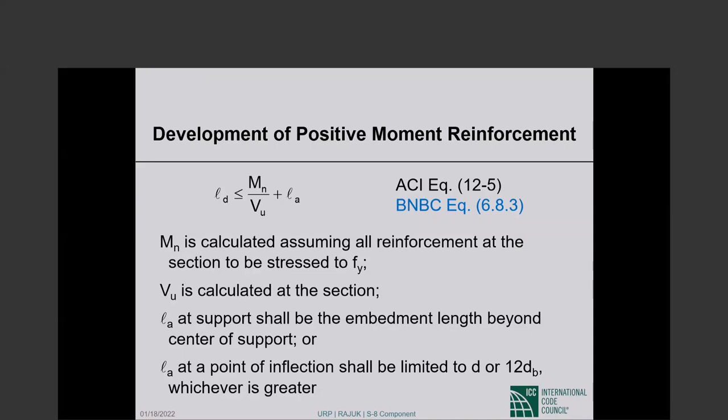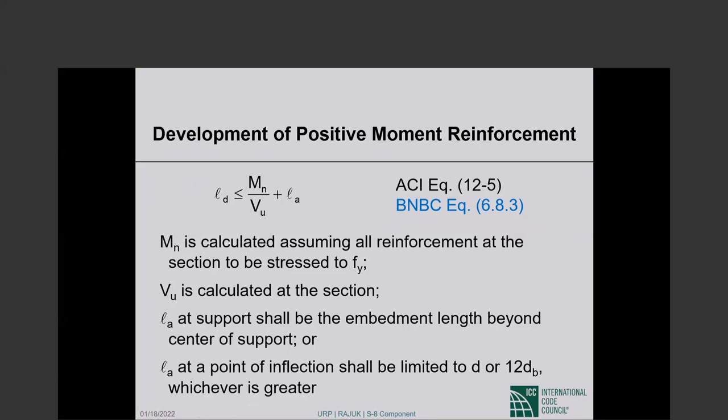If we are at a support, then L sub A shall be the embedment length beyond center of support, or if we are at an inflection point, L sub A shall be limited to D, effective depth, or 12 bar diameters, whichever is greater. Okay, so L sub D, we will be limiting bar size by requiring L sub D to be no more than something.